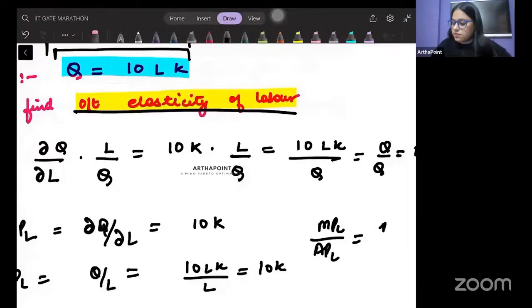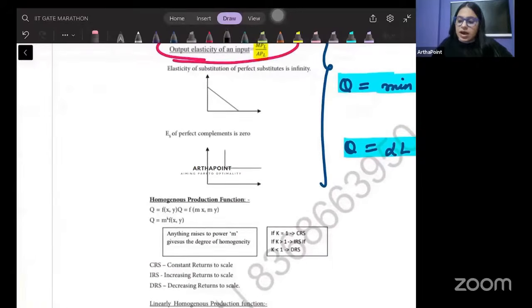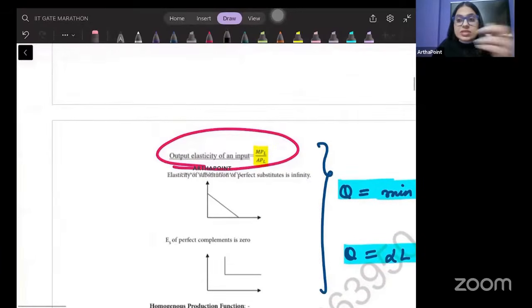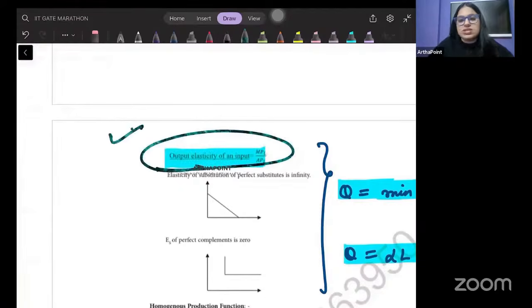It will be 1. Divide this by this. You will get the same answer. So both of them are giving you the same answer. Sometimes in the exam, they will just ask you this formula. So this formula is equally important, that the output elasticity of input is MPL by APL. This is very important and you should be aware of this.